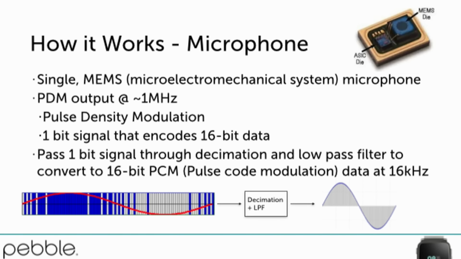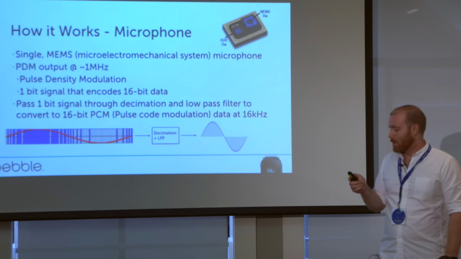We pass that 1-bit signal into what's called a decimation filter and a low-pass filter. The decimation is a process of undersampling. So we go from 1 megahertz to 16 kilohertz through the process of decimation, and the low-pass filter gets rid of the noise. So we end up with a signal down at the bottom, which is much nicer.